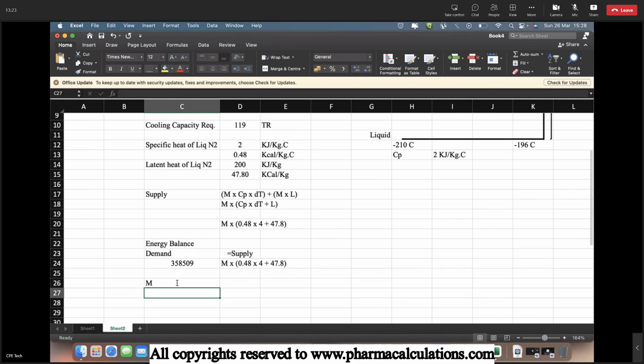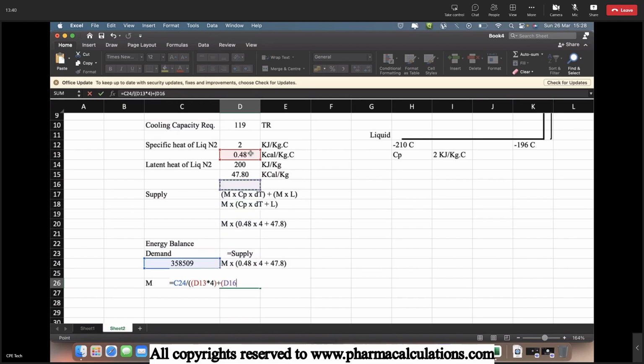So m equals 3,58,509 divided by (Cp into 4 plus 47.8), and this is going to be almost 7,212 kgs of liquid nitrogen.